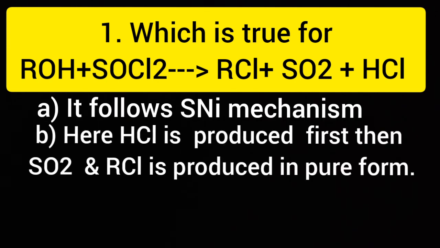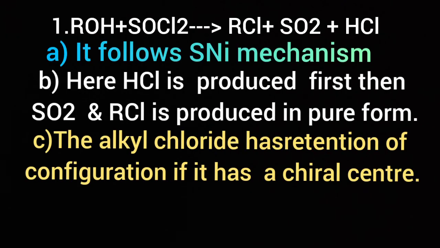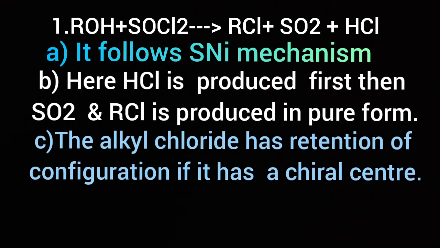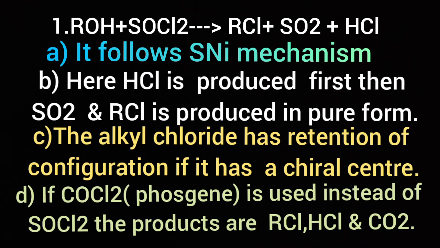Here HCl is produced first, then SO2, and RCl is produced in pure form. Next, the alkyl chloride has retention of configuration if it has a chiral center. If COCl2 phosgene is used instead of SOCl2, the products are alkyl chloride, hydrogen chloride and CO2. You see here all the options are correct.